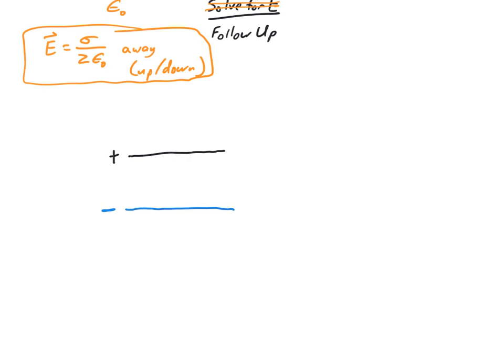Because of the positive plate, it creates an electric field upwards in this direction, and downwards in this area. And way down here, it also creates downwards electric field, like so.